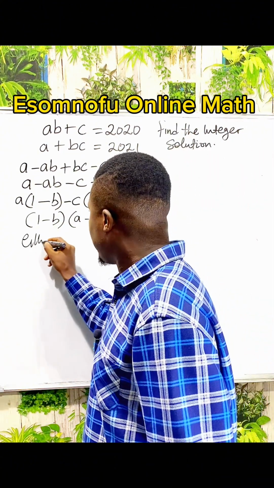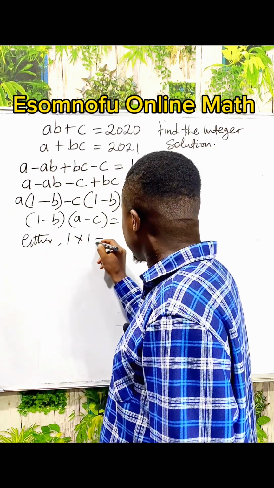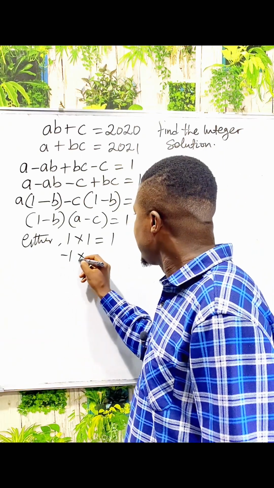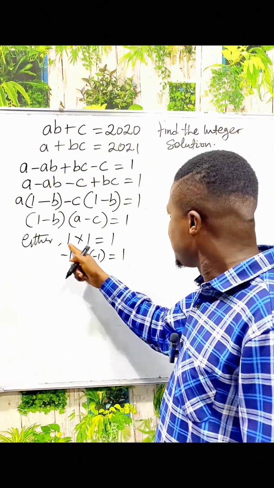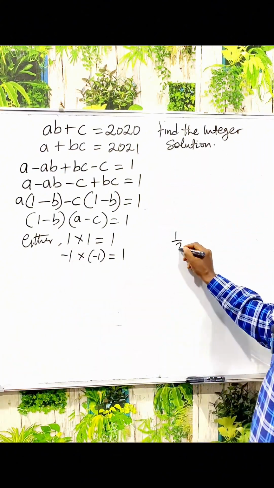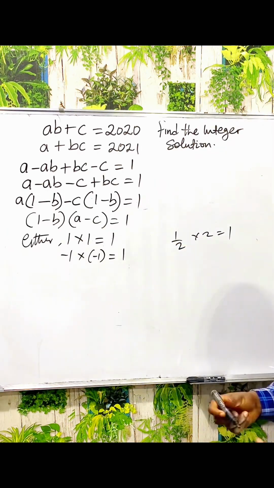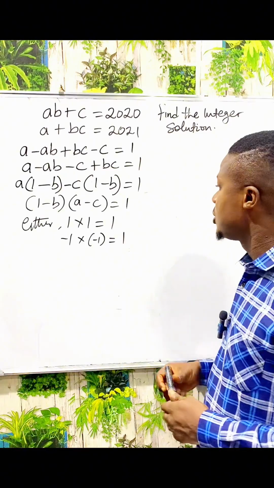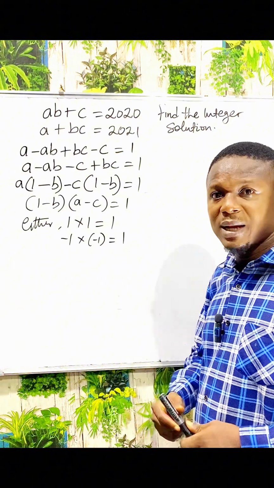Either you are multiplying 1 times 1 to get 1, or you are multiplying minus 1 and minus 1 to get 1, because it must be an integer. I know that 1 times 1 over 2 will give me 1, but we don't need this because 1 over 2 is not an integer. So the only two possible cases for integer solutions are either 1 times 1 or minus 1 times minus 1.